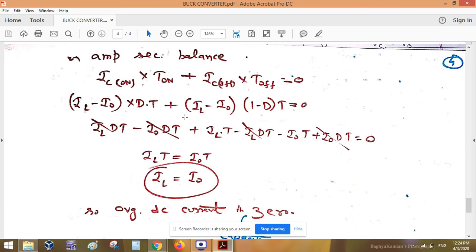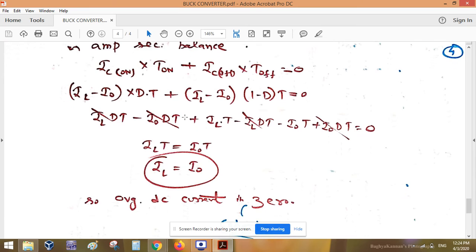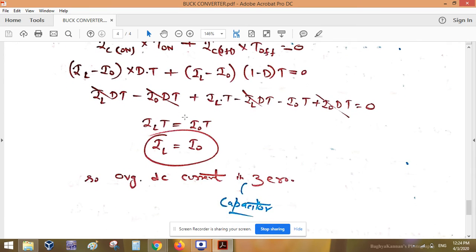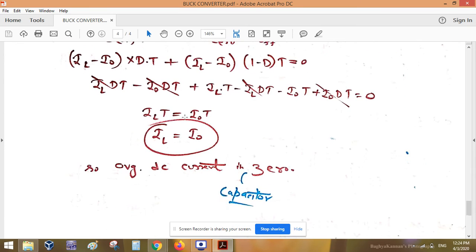IL is equal to I naught, which means the inductor current is equal to the output current. That means there is no current flowing in the capacitor. The total current emerging from the inductor is passing through the load. So the capacitor does not carry any current, and we proved that the average DC current in the capacitor is 0.